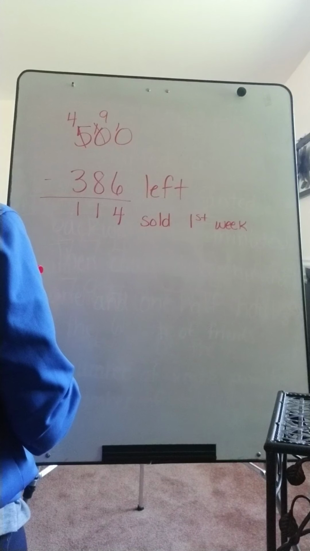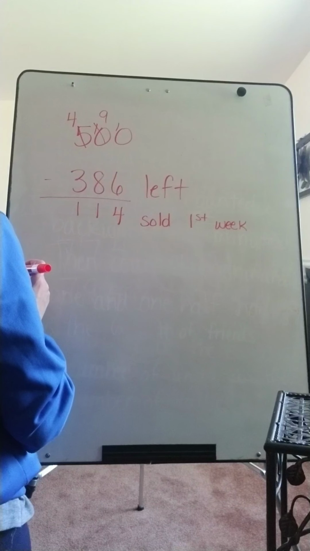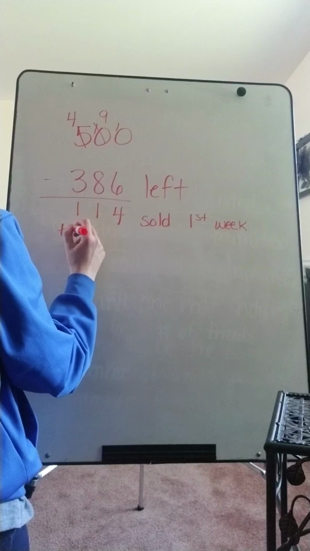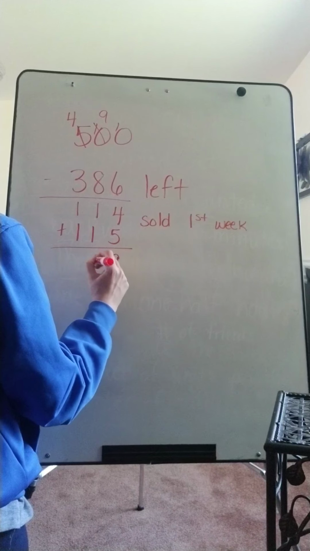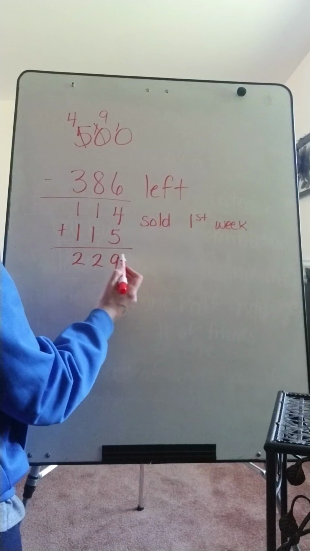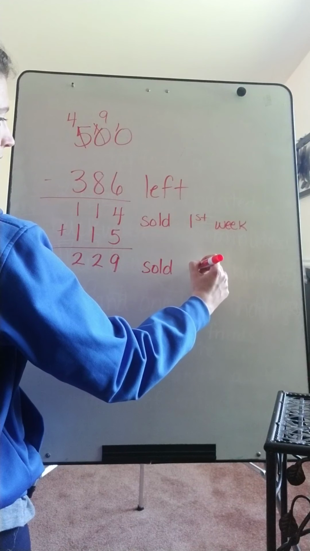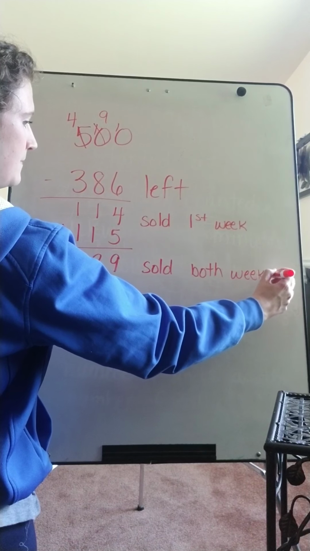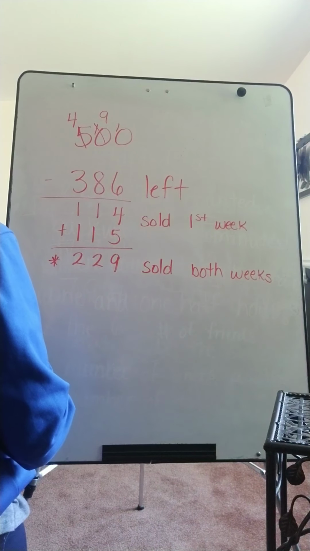The next week they sell 115 bags. Okay. So we're going to take 114 plus 115 to get 229. That's how many they sold, both weeks. Okay, so that's one of your answers.